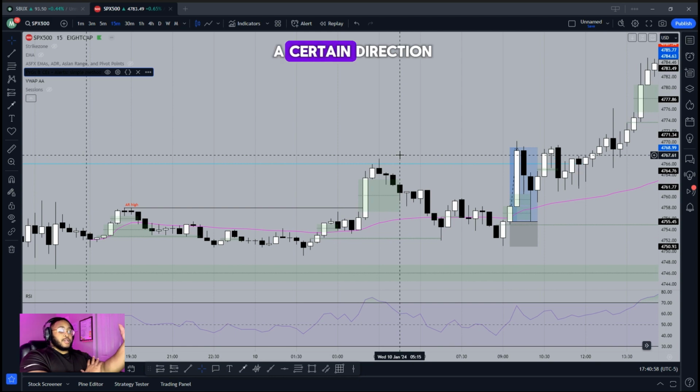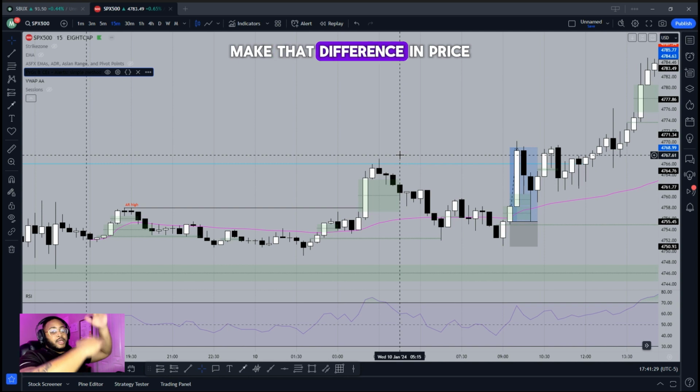Once it moves in that direction, I'm looking for price to retrace or move back down to a specific area in time and looking for a specific entry on the 1 minute to trade it low, to get into a position where price is low to sell it high. And pretty much all traders make their money on the difference between the point that you get into the market and the point that you want to get out of the market. Make that difference in price.